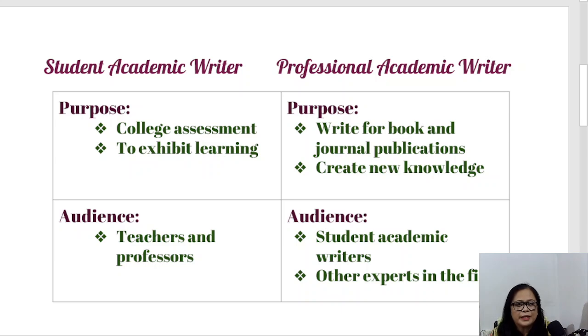So they have to exhibit their learning through academic papers, because this is the only way they can prove that they have learned something from discussions, from lectures, from collaboration with other students, with readings, and all forms of academic activities.